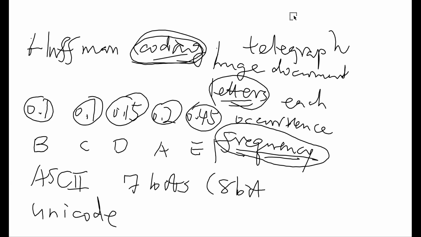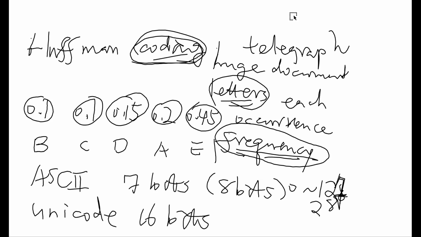Generally speaking, each character is 1 byte, a number from 0 to 127. That's ASCII code. And Unicode is 16 bits.